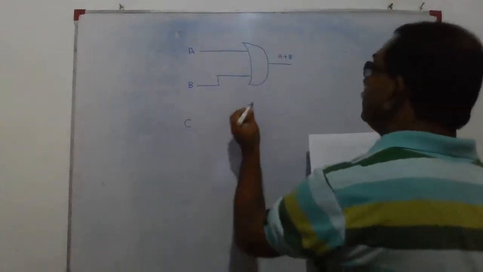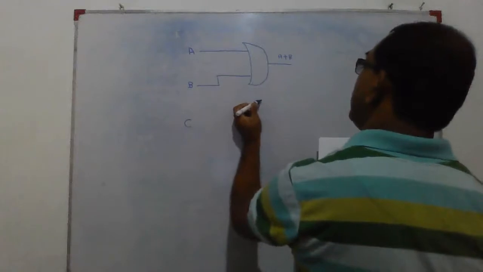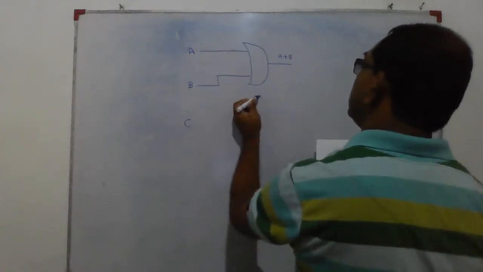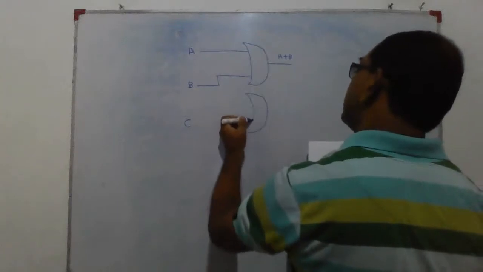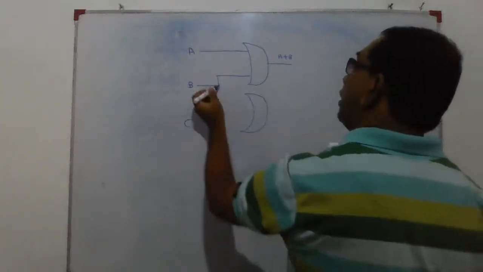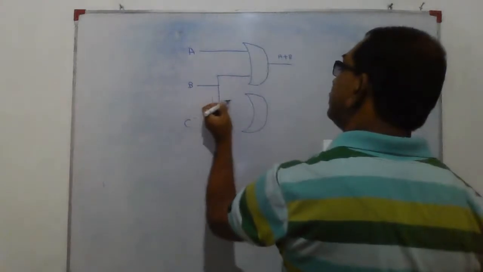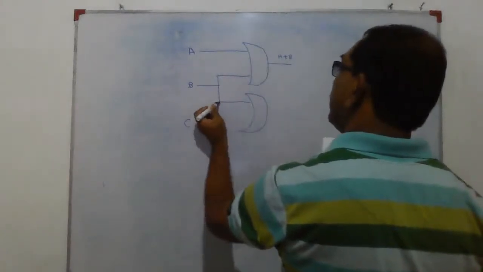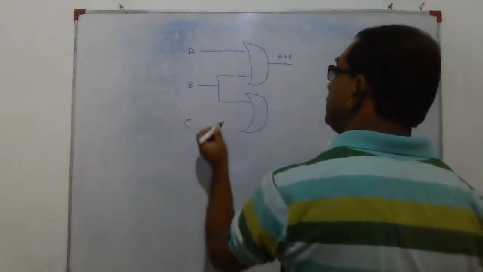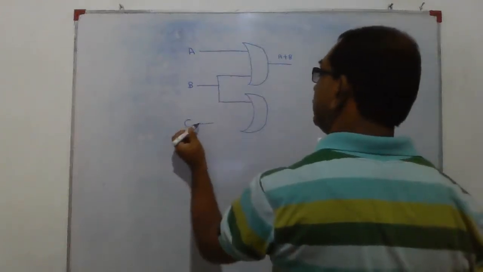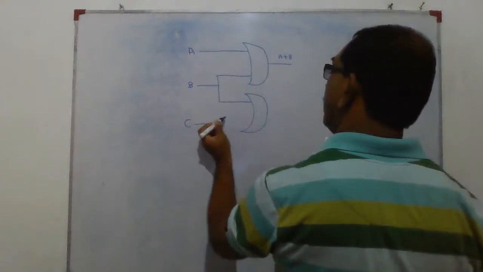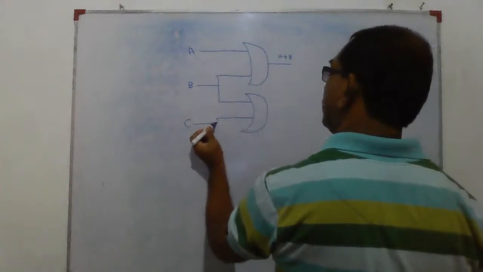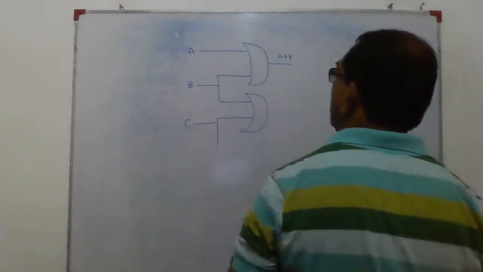And here we have another OR gate. B inputs a value to the OR gate, and C comes here and inputs something to the OR gate.